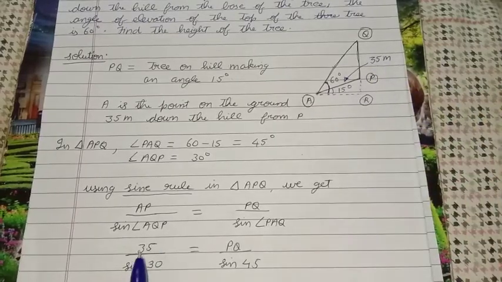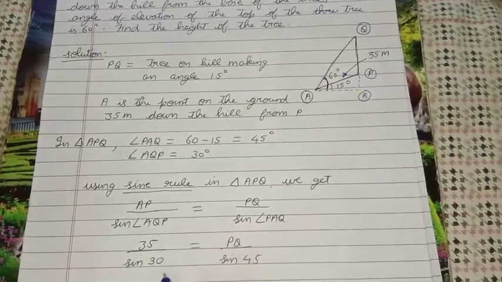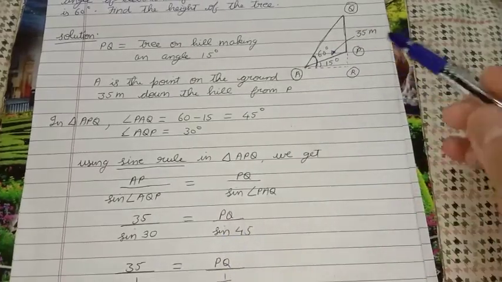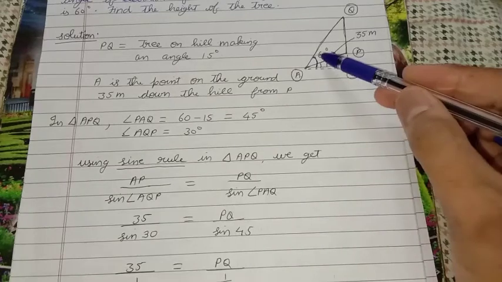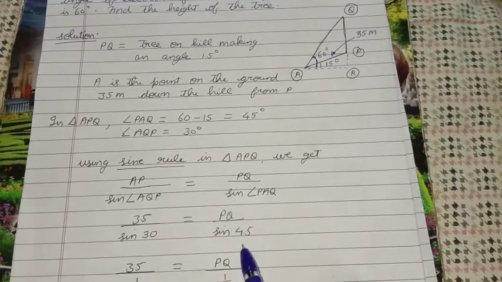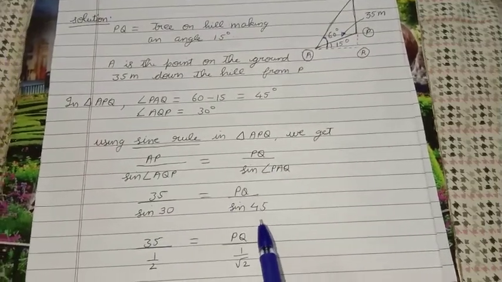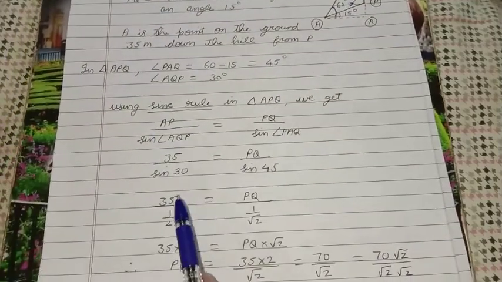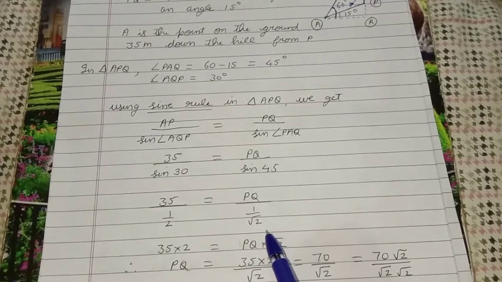So this is side AP. Now AP side was how much? AP was 35 divided by sine 30 is equal to this PQ divided by sine of 45. Remember this 60 is the complete angle, this angle is 45 degrees. So it is 35 upon sine 30 is equal to PQ upon sine 45. This is 35 upon 1 by 2 is equal to PQ upon 1 by root 2.